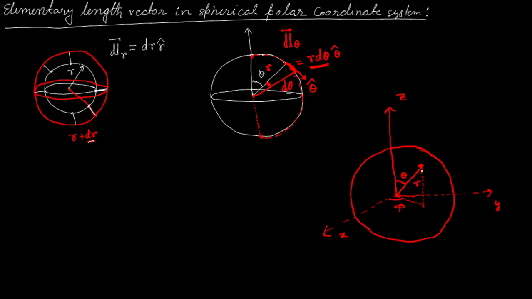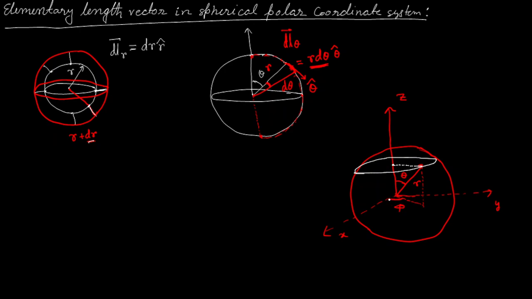Okay, r theta phi. Now let me draw a circle about the z-axis which passes through this point. Let's say this is the radius of the circle. So about the z-axis, if we draw a circle, the circle will look like this.